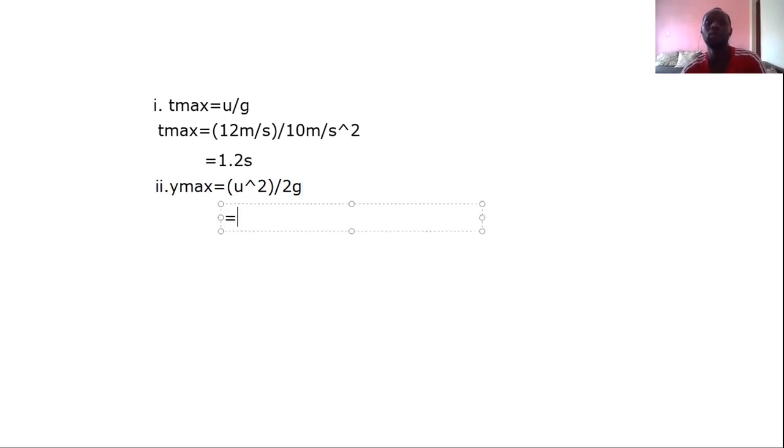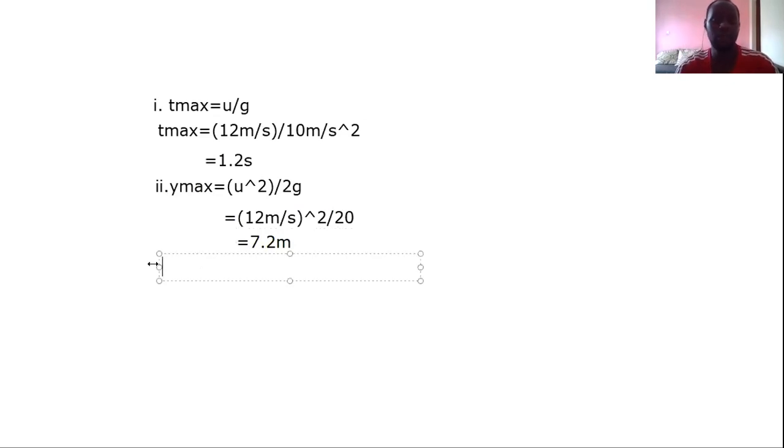This is equal to 12 meters per second squared divided by 20, which is equal to 7.2 meters. Okay.